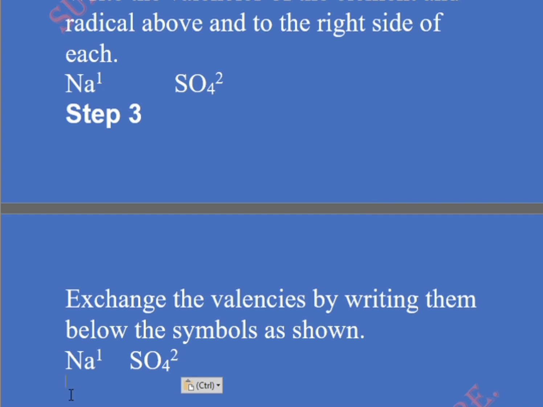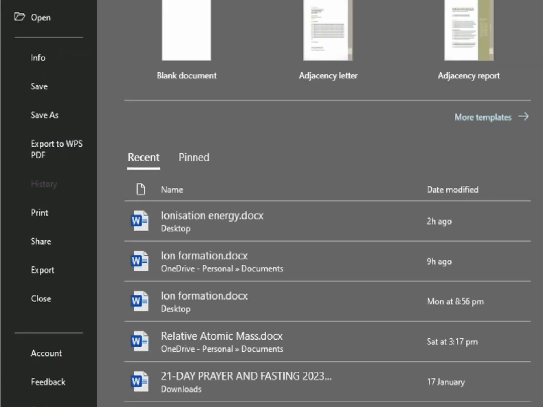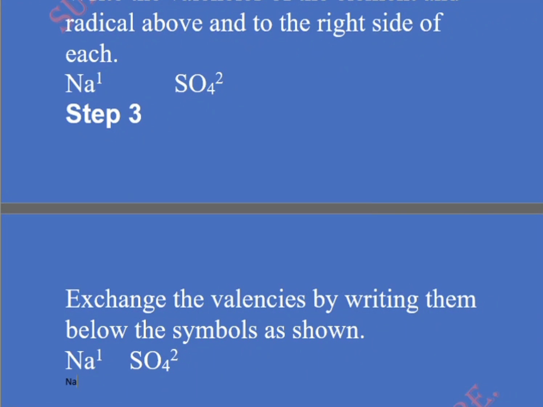Before, we wrote them as superscripts, but now we want to write them as subscripts. We exchange them: the valency that was for sodium goes to the sulfate, and the one on the sulfate goes to the sodium.